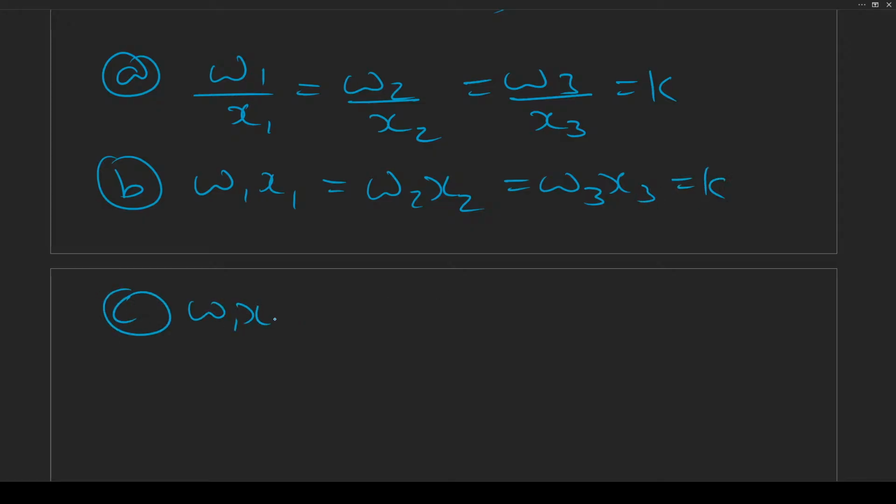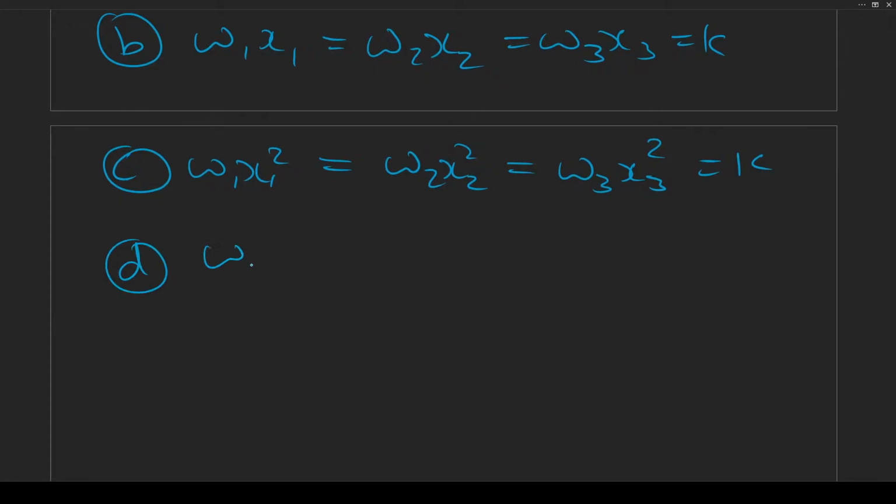C, omega 1 x1 whole square equals omega 2 x2 whole square equals omega 3 x3 whole square, which equals k.